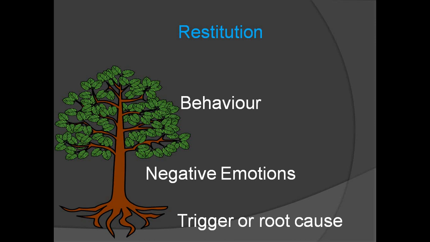If we focus on the root cause rather than behavior, what will happen? We'll try to find out the actual reasons why the student is showing those negative emotions, and we can work on that reason. That can be anything.